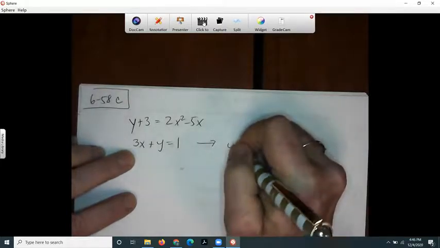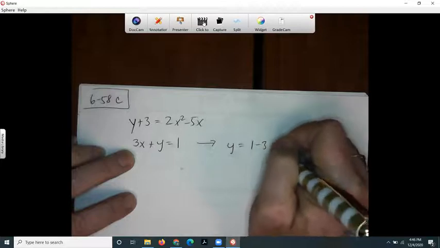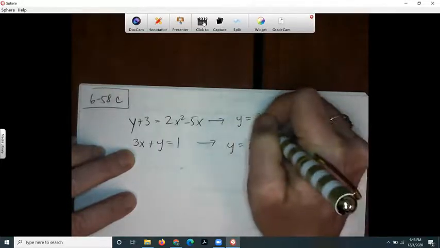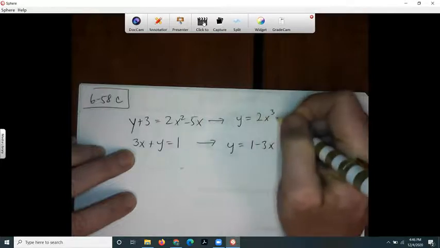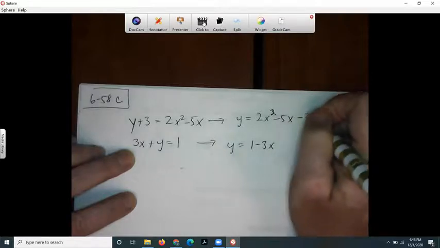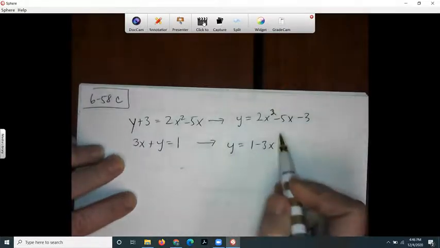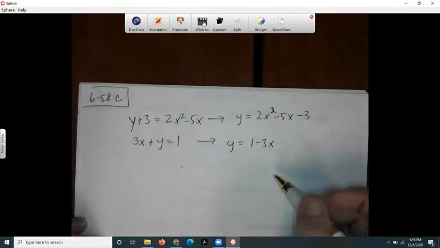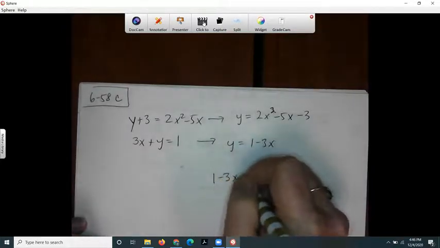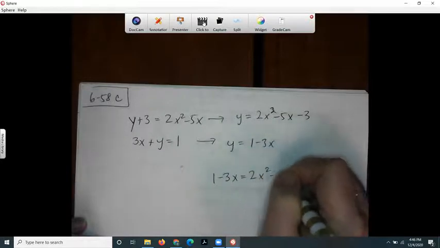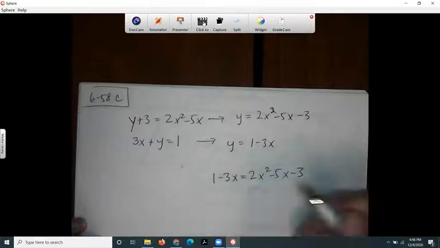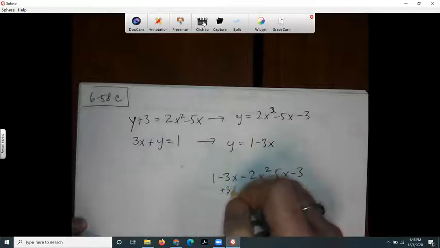I'm going to say that y equals 1 minus 3x, and on this one I'm going to say that y equals 2x cubed, squared, minus 5x minus 3. So now I have them both set equal to y, and I can use equal values. And then I'll get everything over here on the right-hand side.